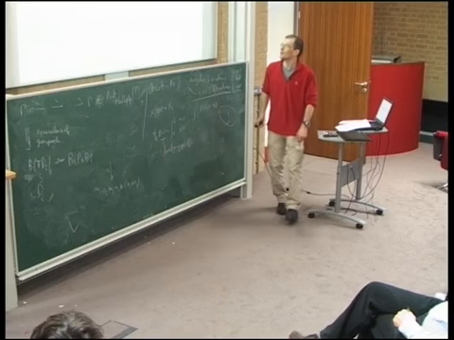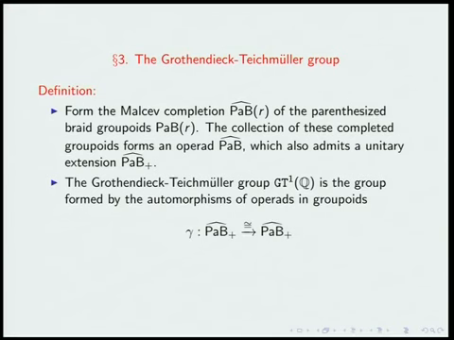Thank you. So, and I can also add a unit again. Okay. And so the Grothendieck-Teichmüller group is the group of automorphisms of operads in groupoids which are the identity on object sets.